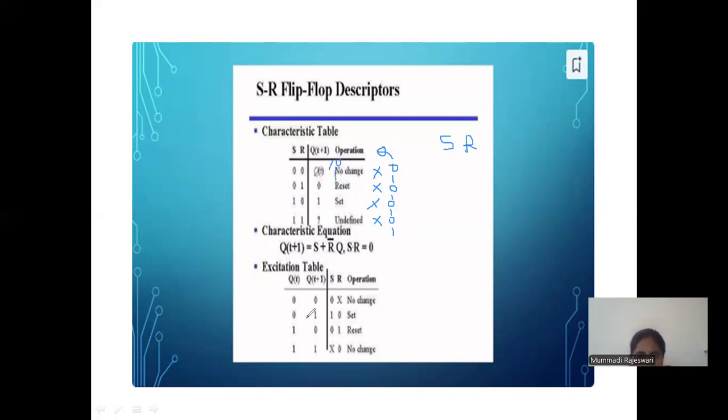In which condition are we getting Qn and Qn plus 1 as 0 and 1? Here, Qn is 0 and Qn plus 1 is 1.